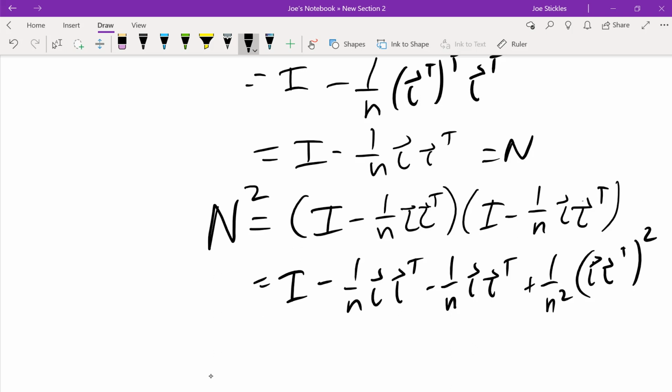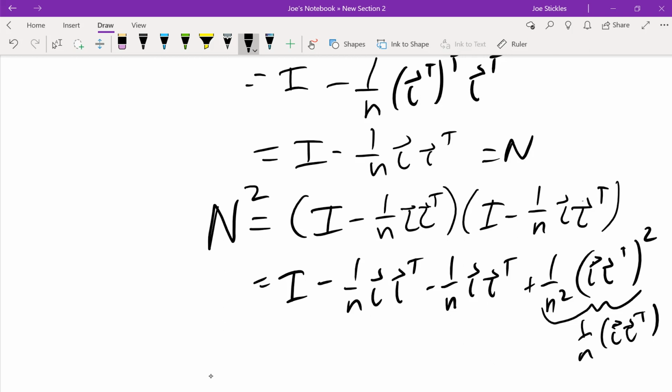What's out in front of that matrix full of n's? 1 over n squared, right? So I can take one of those n's and cancel it with that matrix of n's and make it all ones again, right? So this matrix right here is just 1 over n times I transpose. When I do that matrix and square it, I get a bunch of n's.